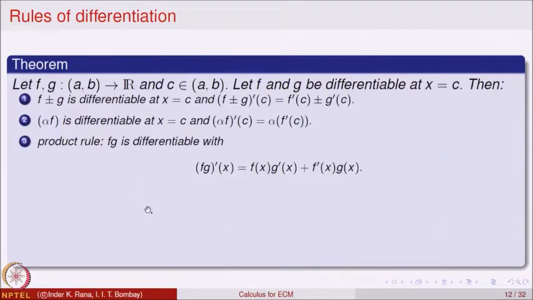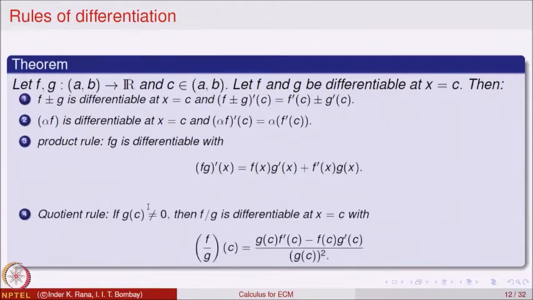A similar formula occurs for the quotient. So, the quotient rule says if two functions f and g are differentiable and g(c) is not equal to 0, this is a very crucial condition, because you are going to divide by g(c).